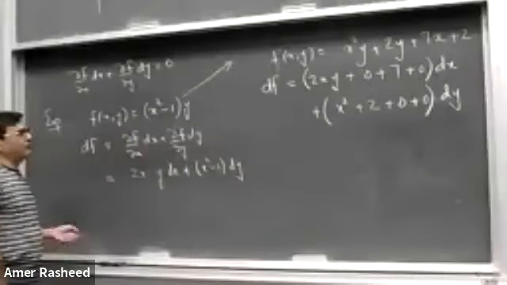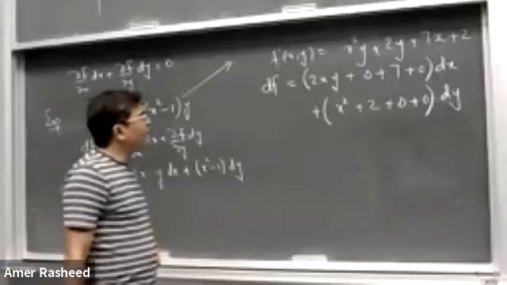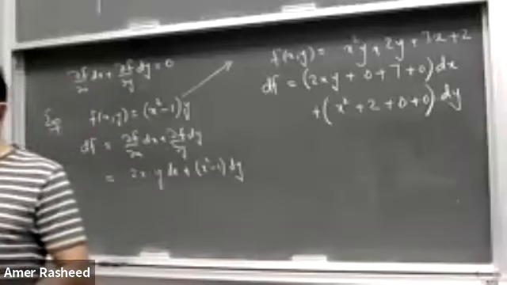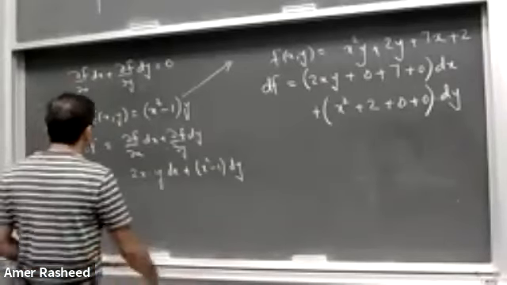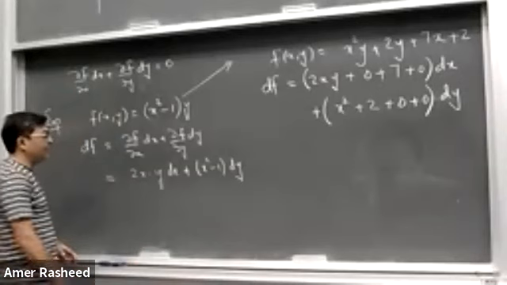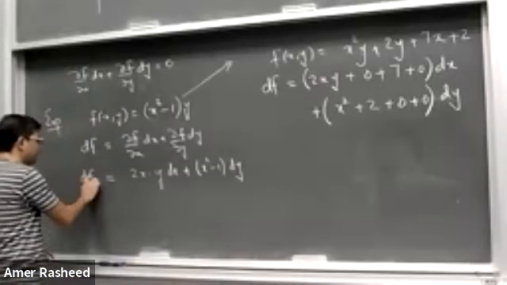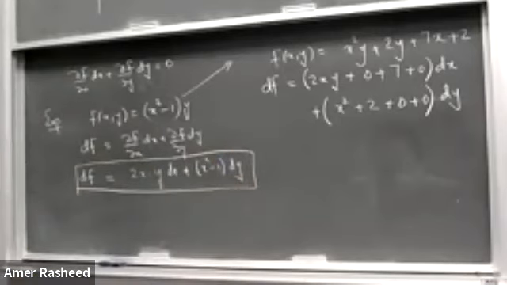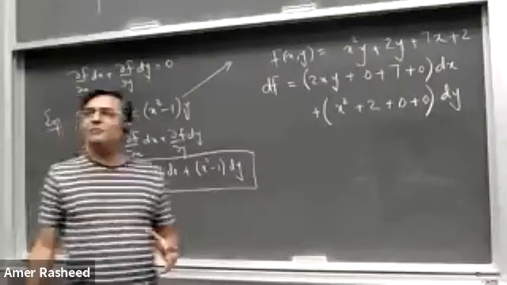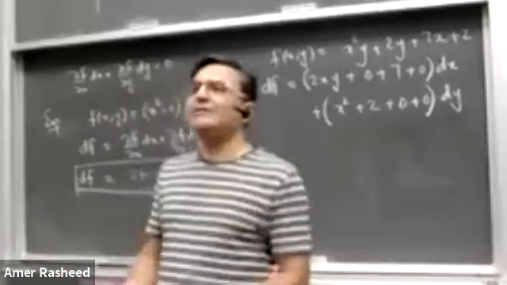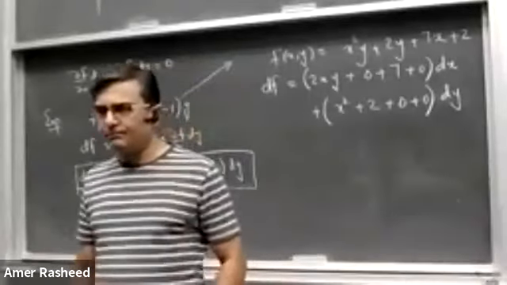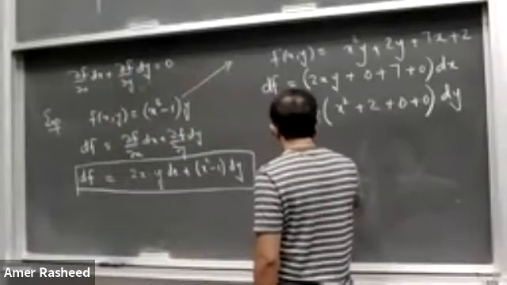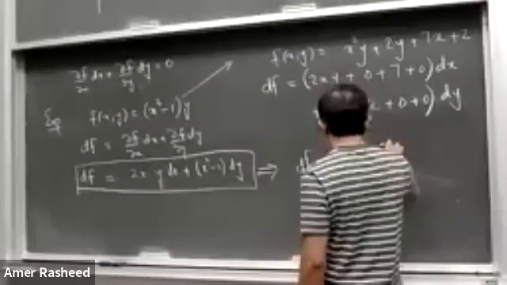So this is how we take the differential of a function. Now, when is a function said to be an exact differential? If we are given the differential of a function, can we find some function f of x y equal to some constant, so that it gives us d of that function?